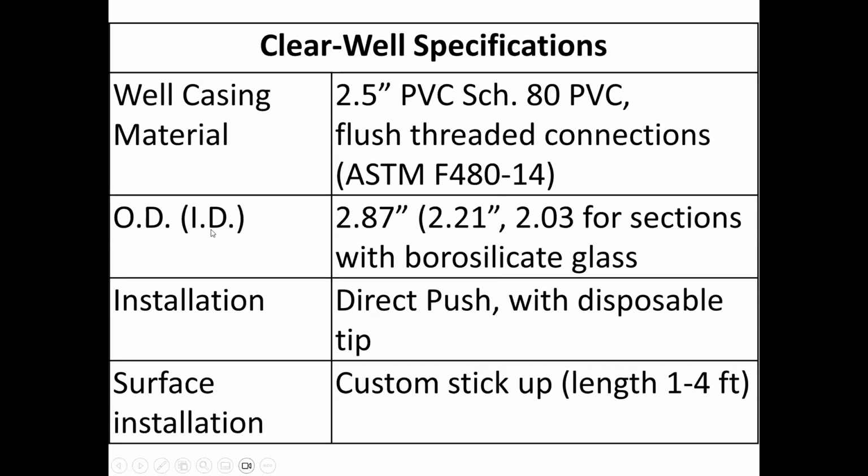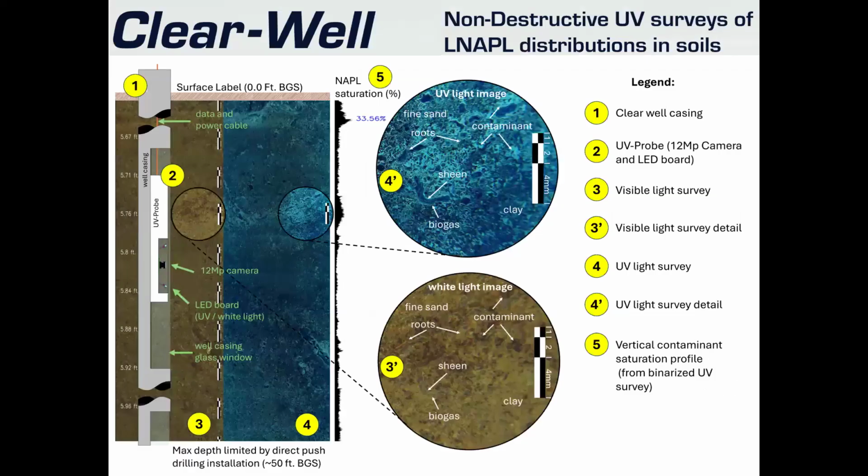The outer diameter is a little under 3 inches. It's installed with direct push tools using disposable tips. And the surface installation is a custom stick-up. We typically want 1 to 4 feet, so you can mount the instrument on top of it and basically use it when you're standing up at waist level.